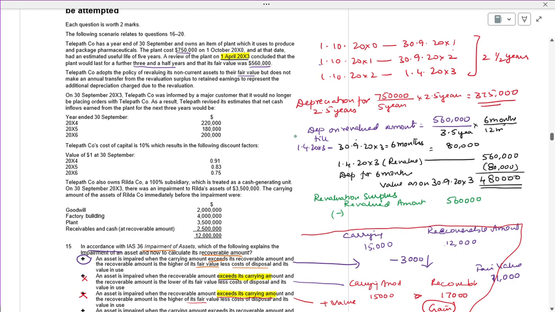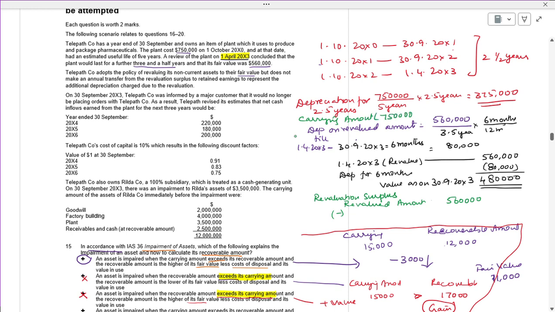How much is the carrying amount? 750 minus 375 depreciation. Carrying amount is 375.